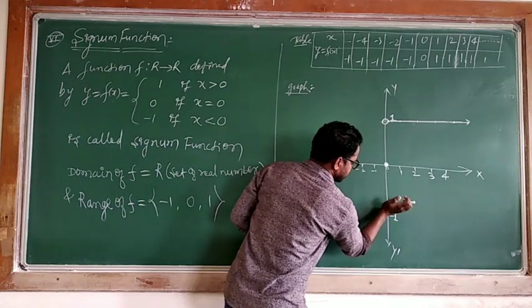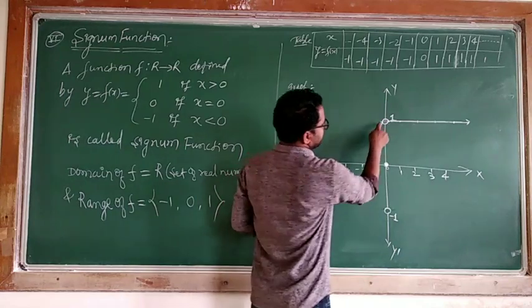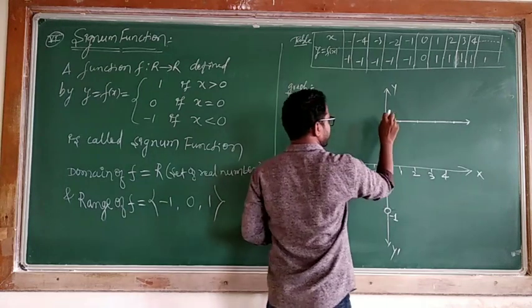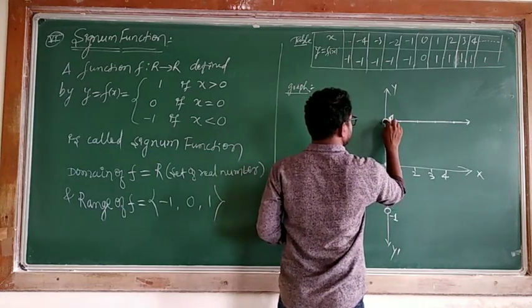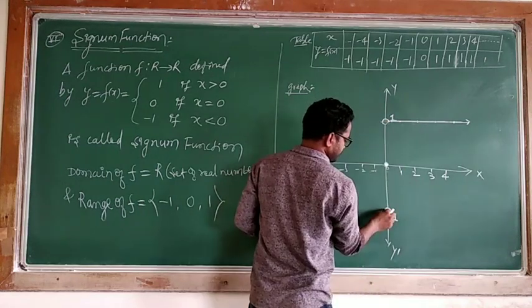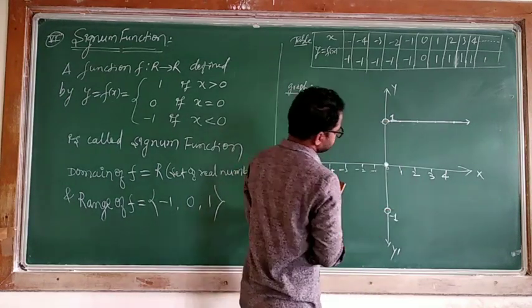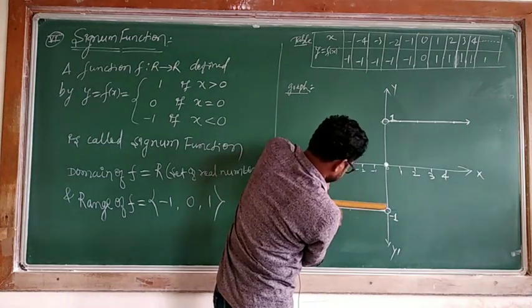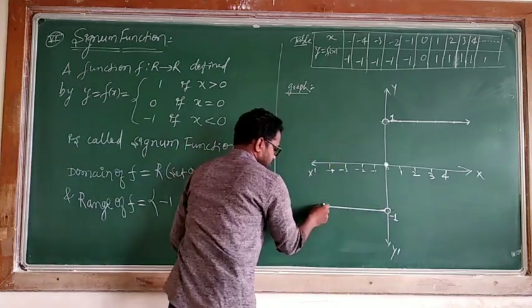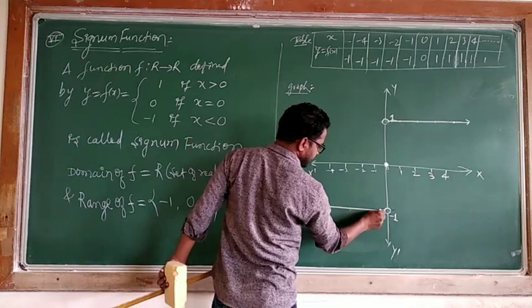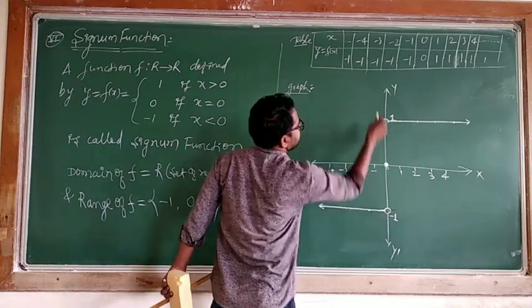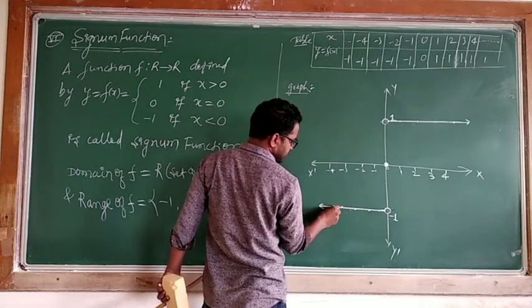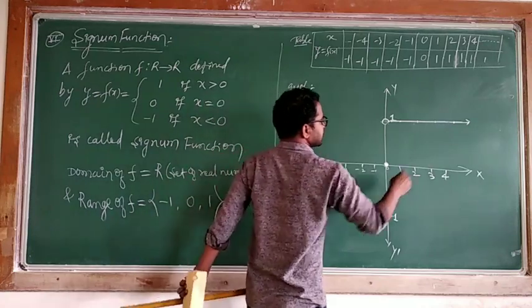For -1, -2, -3, -4, any negative number, y is -1. The point lies here. So the graph is like this.